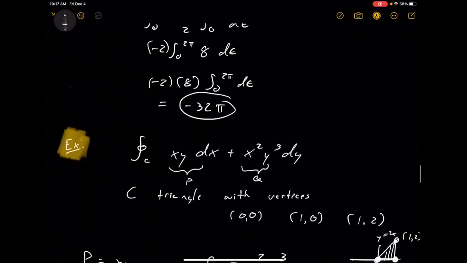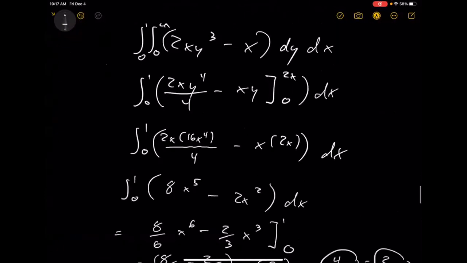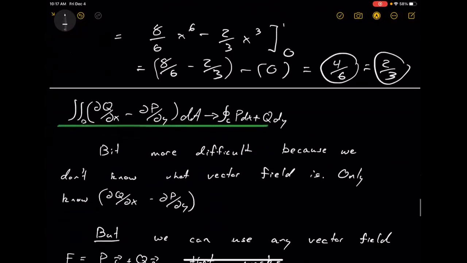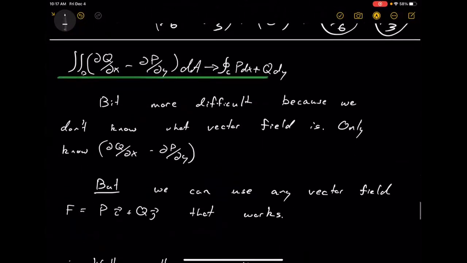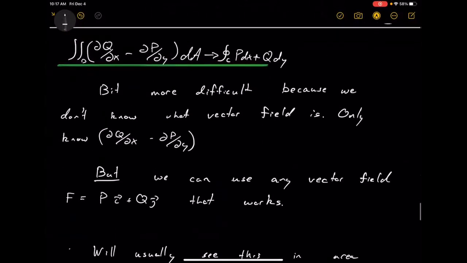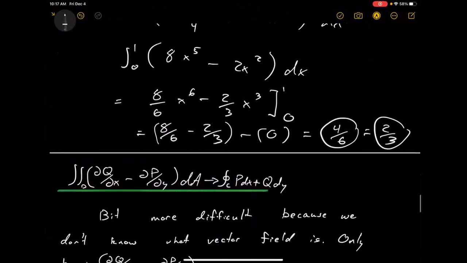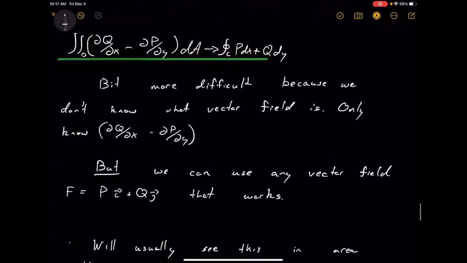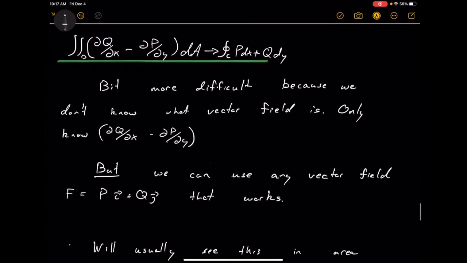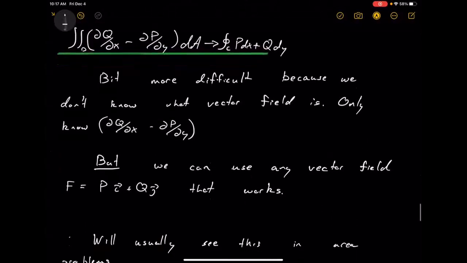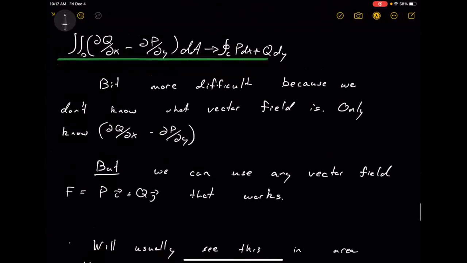So that's how you convert from a line integral to a double integral. We can also go in the opposite direction. As I said before, it takes a bit more finesse, a bit more difficult. I'll show this for completeness. I don't anticipate giving you a question like this on the final, or I don't know if you'll see it on WebAssign or not. I'll have to look at that, but I'll show you just for completeness.